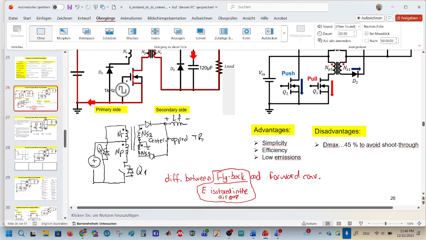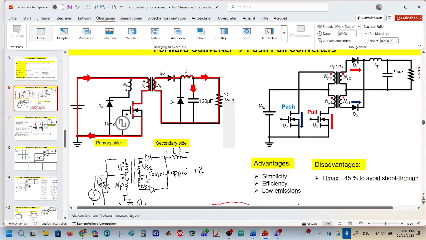But in the forward converter, energy is stored in the output inductance here or here.